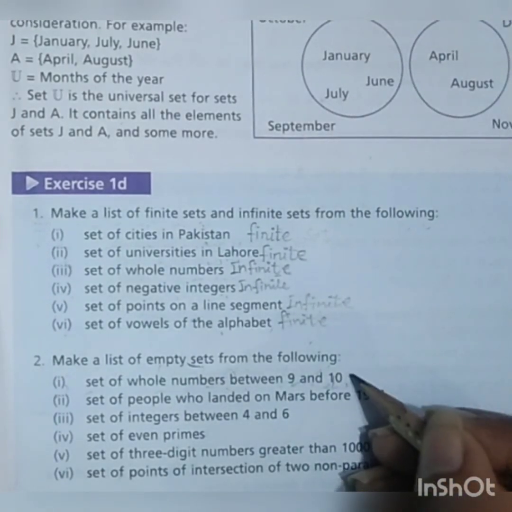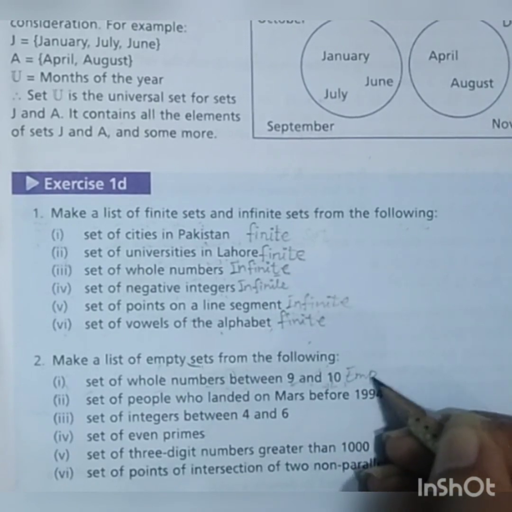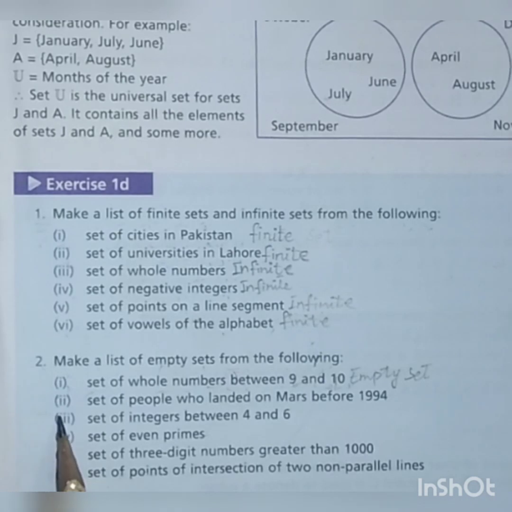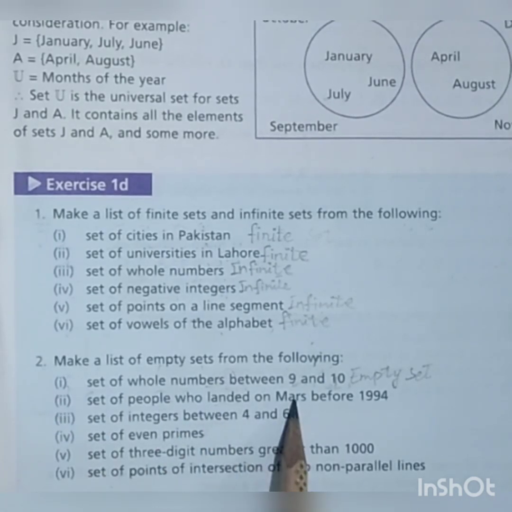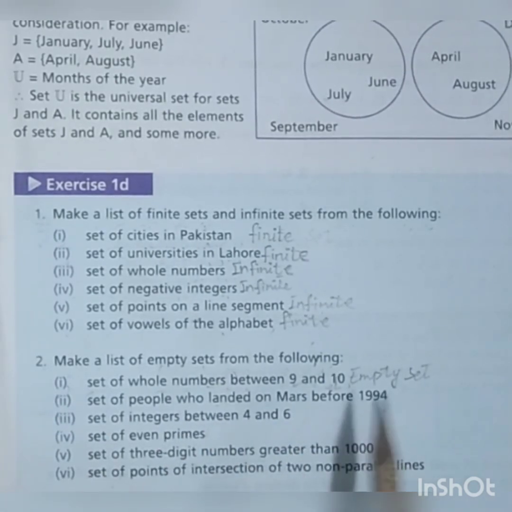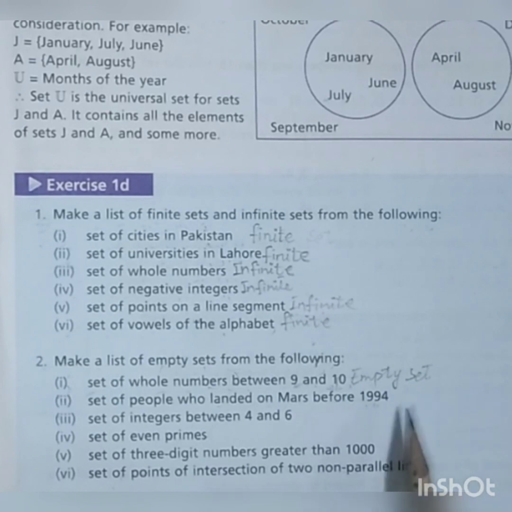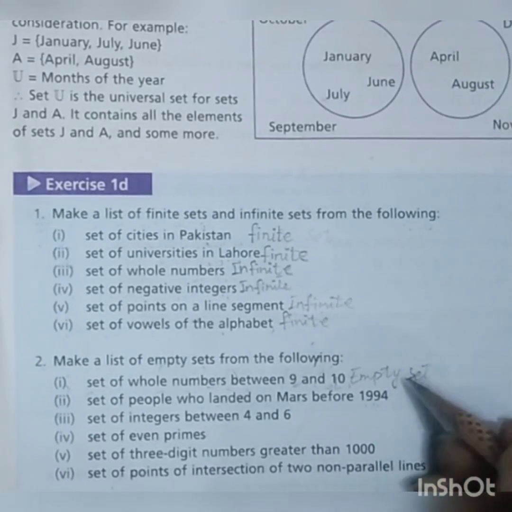You can write here empty set. Part number 2 is set of people who landed on Mars before 1994. Before 1994, there were no people who landed on Mars, so it is also an empty set.